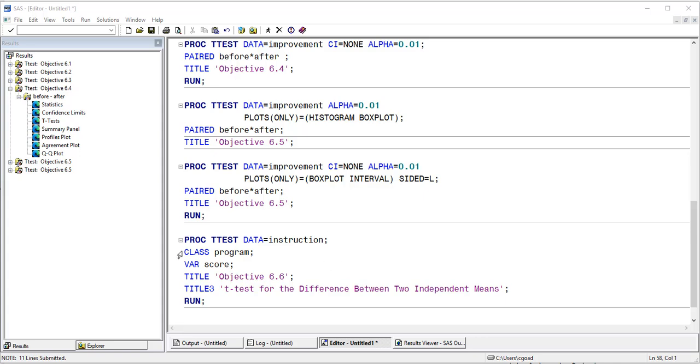Now, with regard to syntax, the class variable here operates differently than in univariate and means, as we've said a few times already. This is the variable that identifies the two populations, and then we want to compare these two programs, their score response. If you have programs A, B, and C, then you will get an error that your class variable has too many levels.